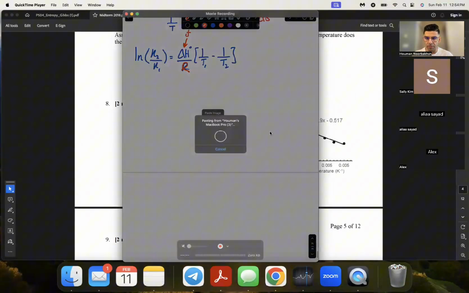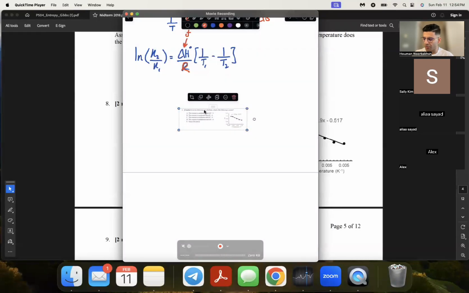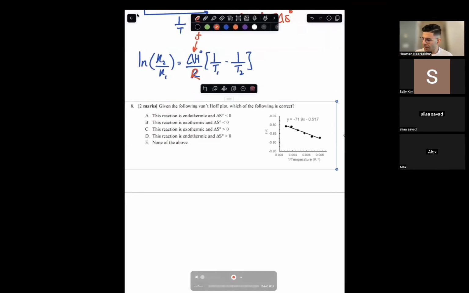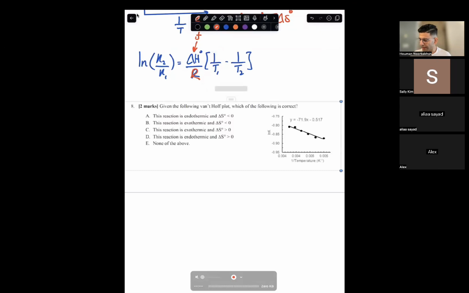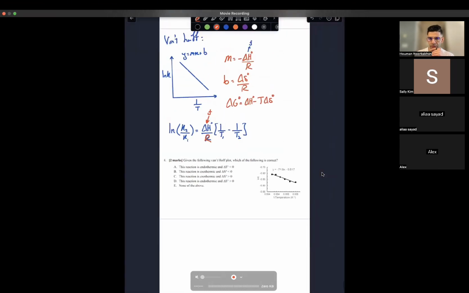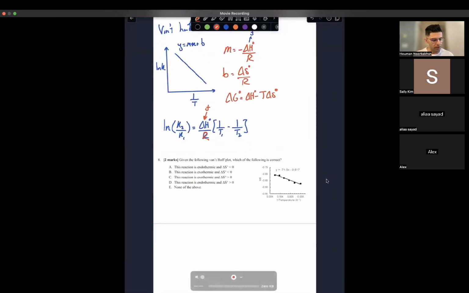I knew there's always a question about it on the midterms, so I just had to scroll up and find it. So let's look at this question. I'm going to give you 2 minutes. Think about it and let me know which option you think it is based on the equation I've given you.